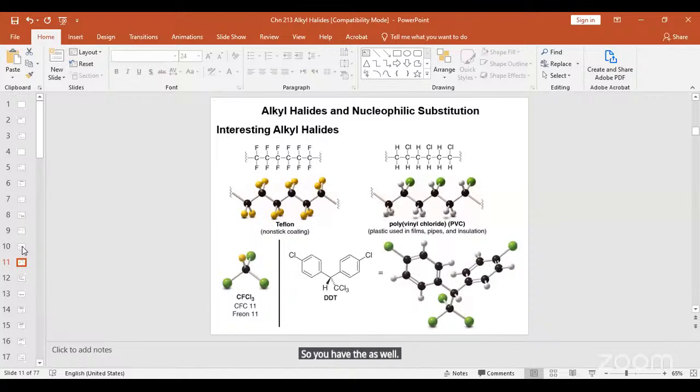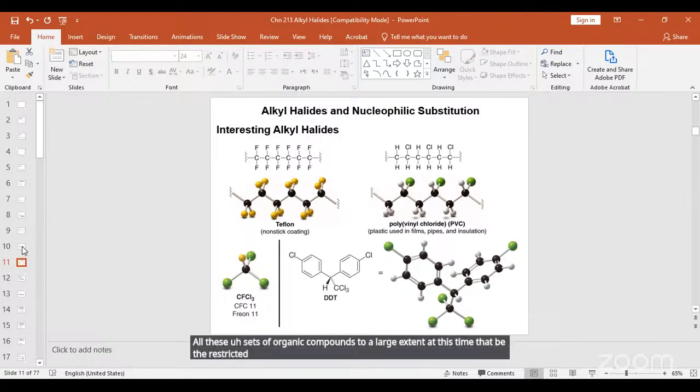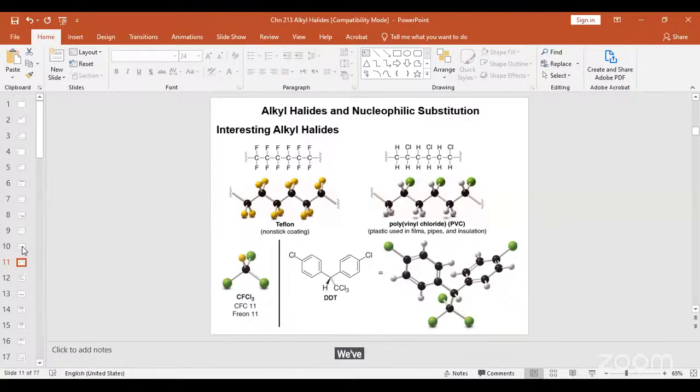All these sets of organic compounds, to a large extent at this time, have been restricted because they have effects on the ozone layer, which is part of what is responsible for the various climatic changes that we are experiencing, especially around this time now.